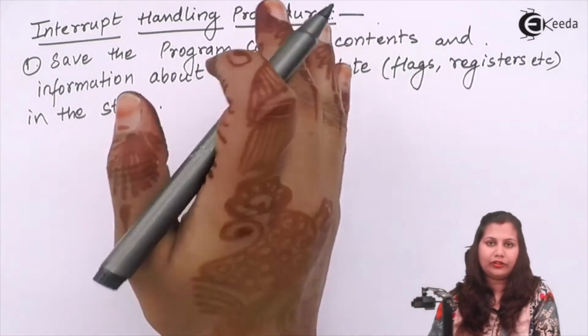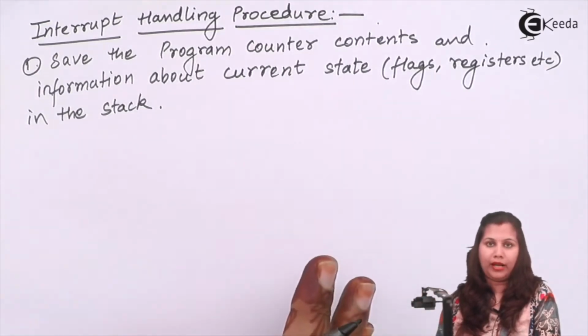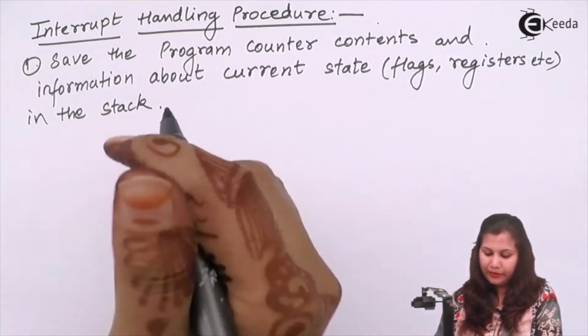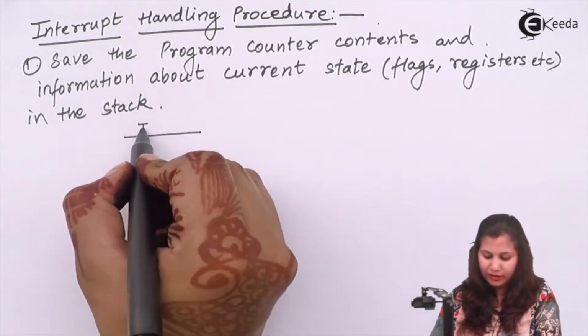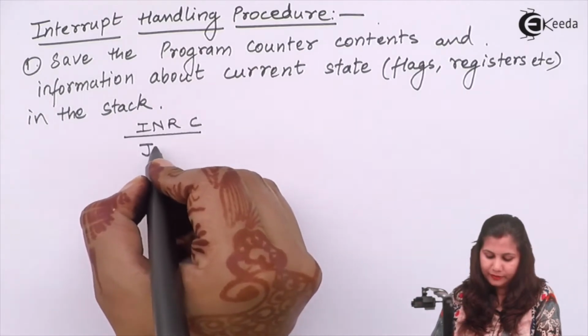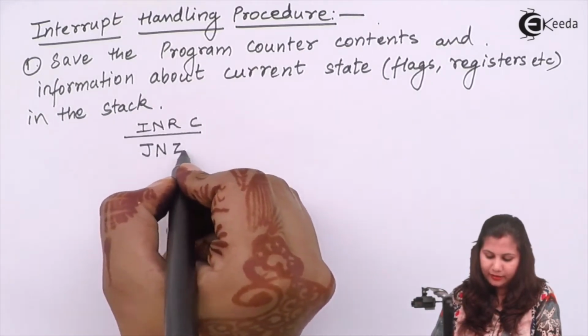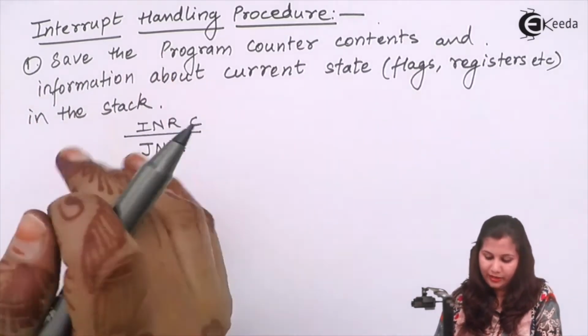So we know that when the microprocessor is performing a program, it is executing a program. Suppose this instruction is INRC and this is JNZ. Something is written here in the program, there are instructions.